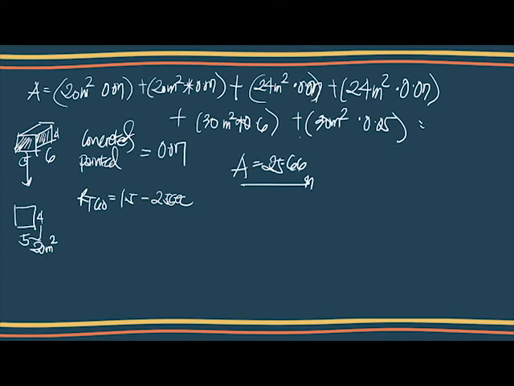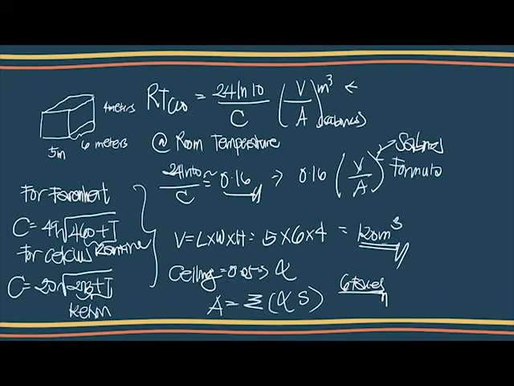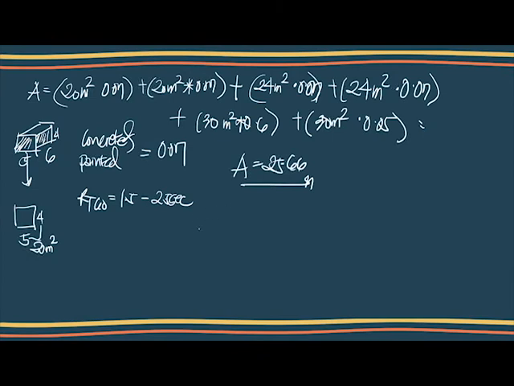So may A na tayo. May volume tayo na equal sa 120 meter cube. So let's now substitute that sa ating sabine formula. So that would be equal to, so RT60 is equal to 0.16 times 120 over 25.66.